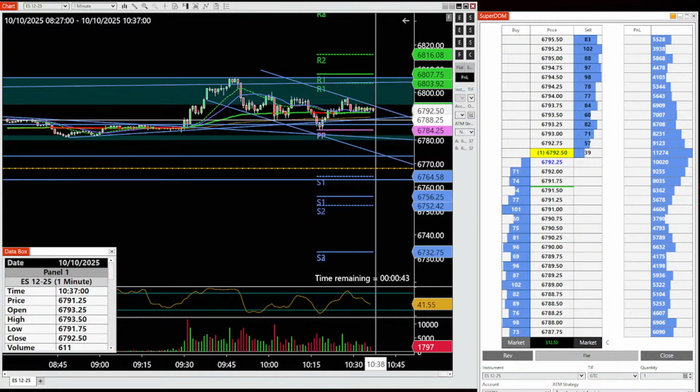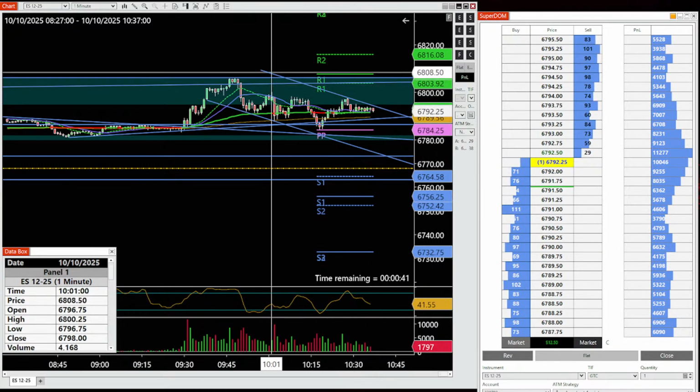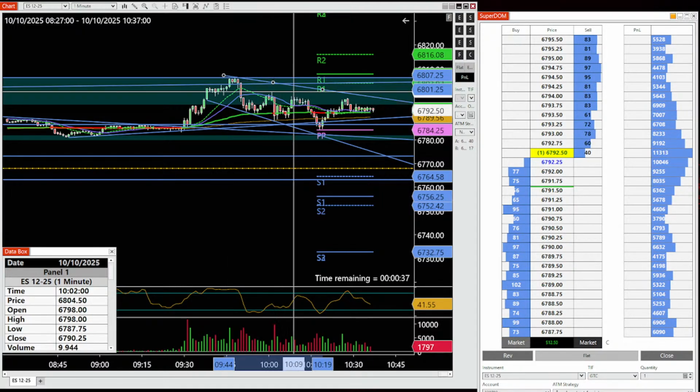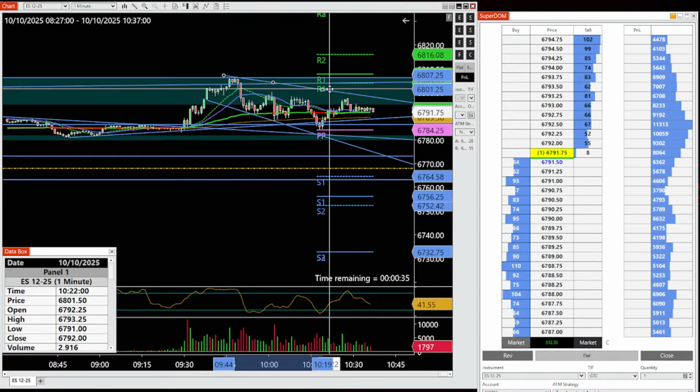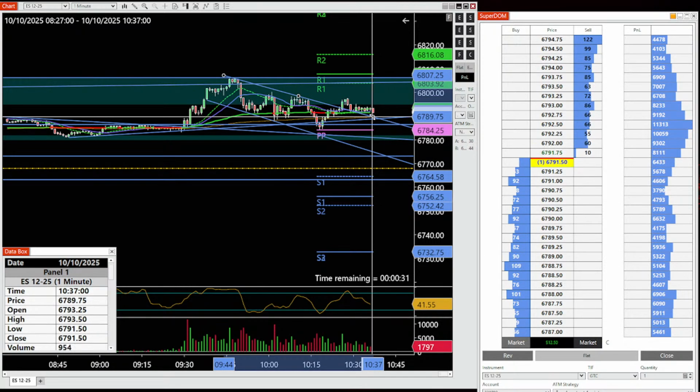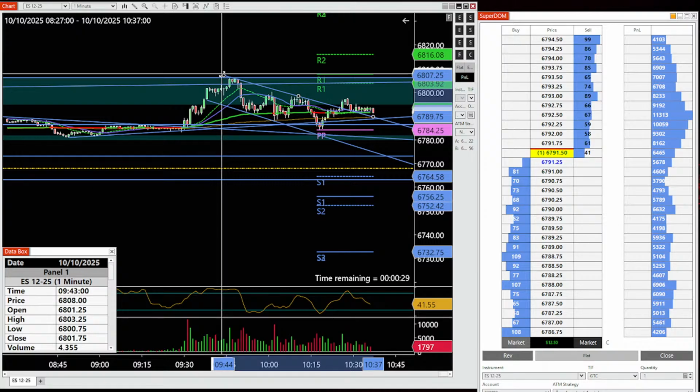It's not going up, not going down. Let's see where it goes now. See where it wants to go. Well, we got a trend line.